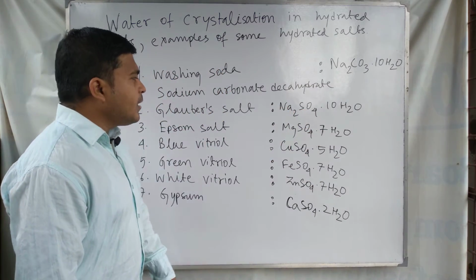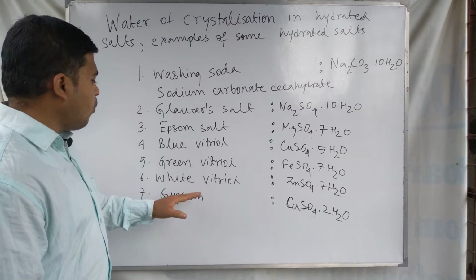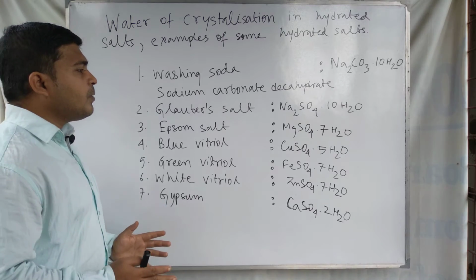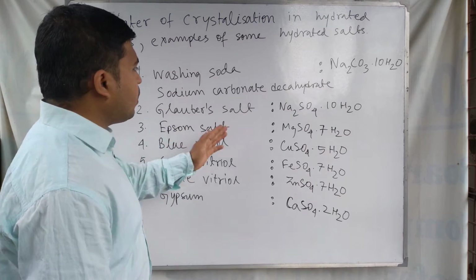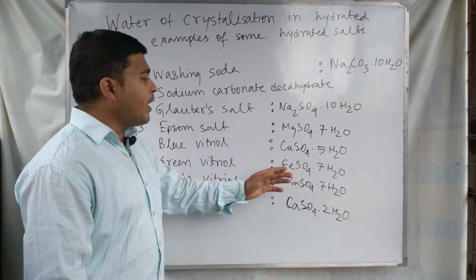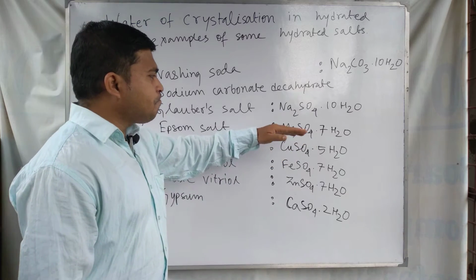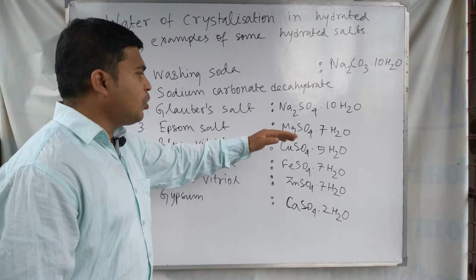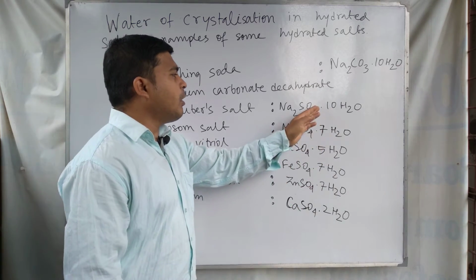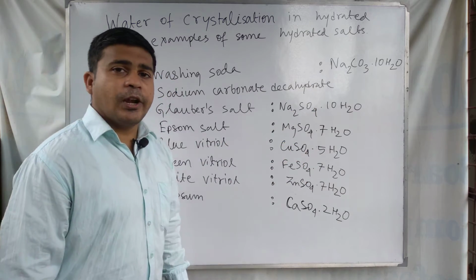For the other cases like Glauber salt, Epsom salt, blue vitriol, green vitriol, white vitriol, and gypsum, in each of the cases, look at the formula of the salts, and you can find some fixed number of water molecules are associated with each molecule of the salts, and this fixed number of water molecules that are associated with one molecule of the salts is called water of crystallization.